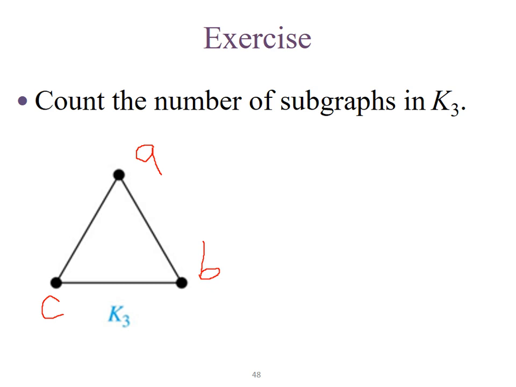Not yet, because you can also choose 3 vertices. So we have 1 more subgraph. So if you choose only vertices and no edges, then in total we will have 7 different subgraphs.